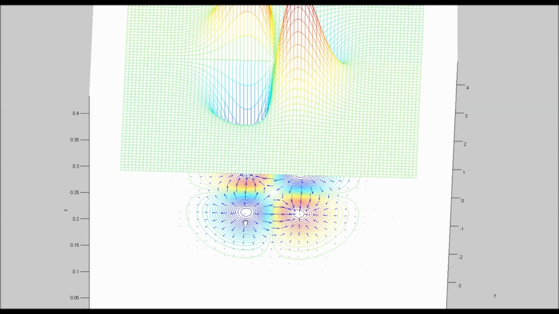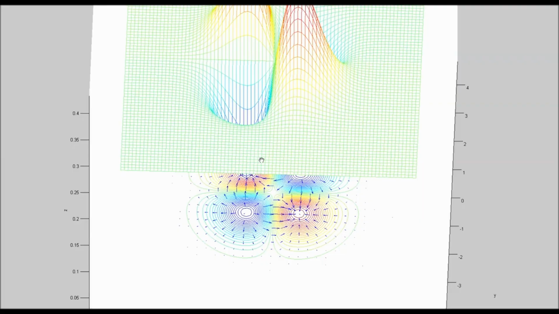So these gradient vectors show you where it's increasing, and also how fast it's increasing, right? Down at the bottom, it's steepest, so the magnitude of the gradient vector is longest down there. As you get up to the top surface, the magnitude of the gradient vectors decreases because it's not as steep.